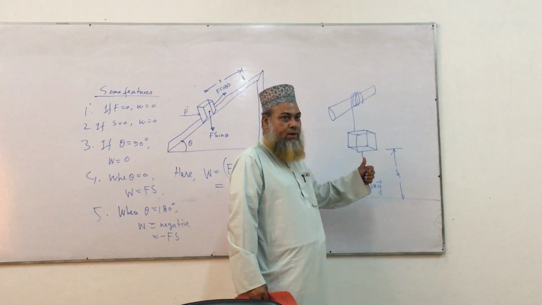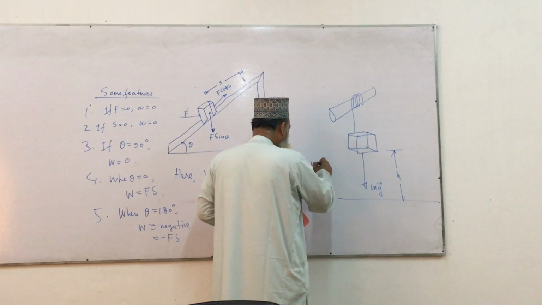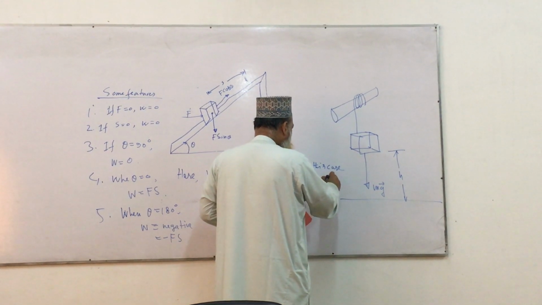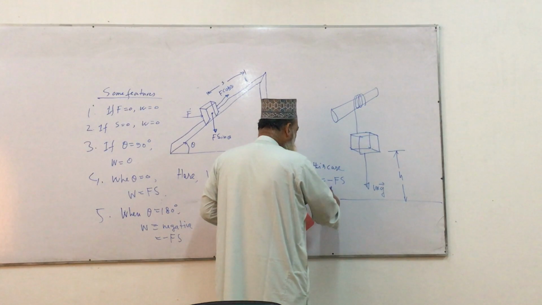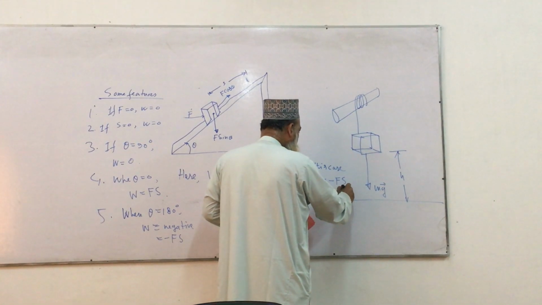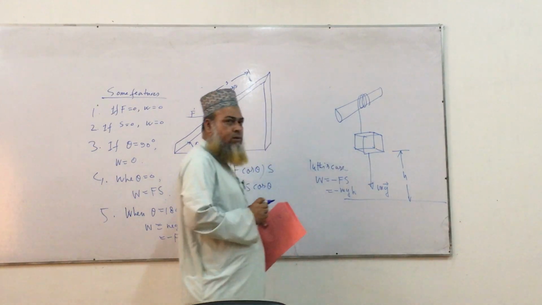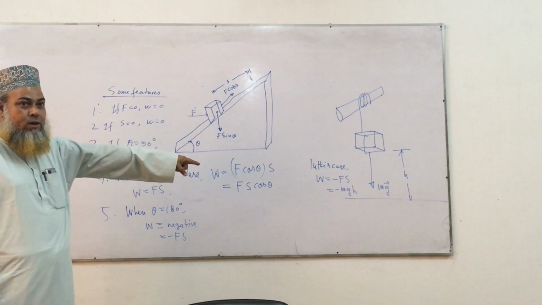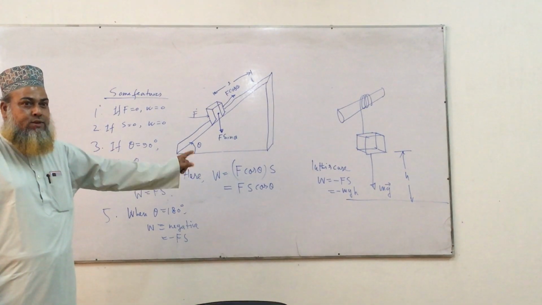Work will be minus Fs. W equals minus Fs. What is F? Minus mg. What is S? h. So here the work done by the weight is negative, given by minus mgh.